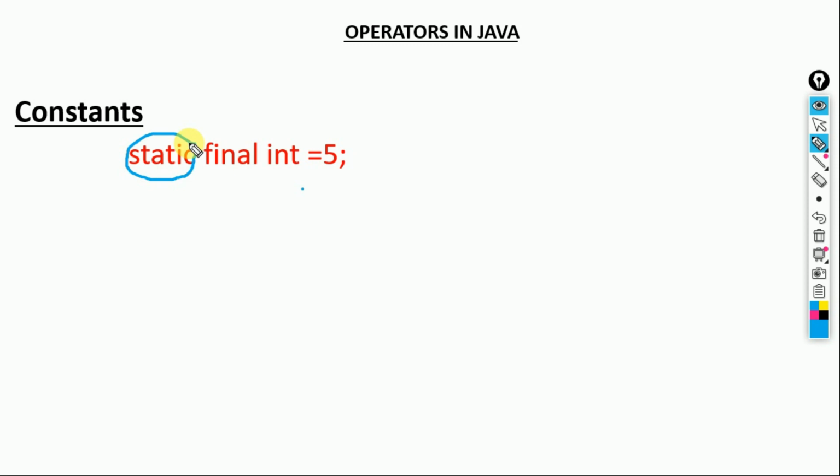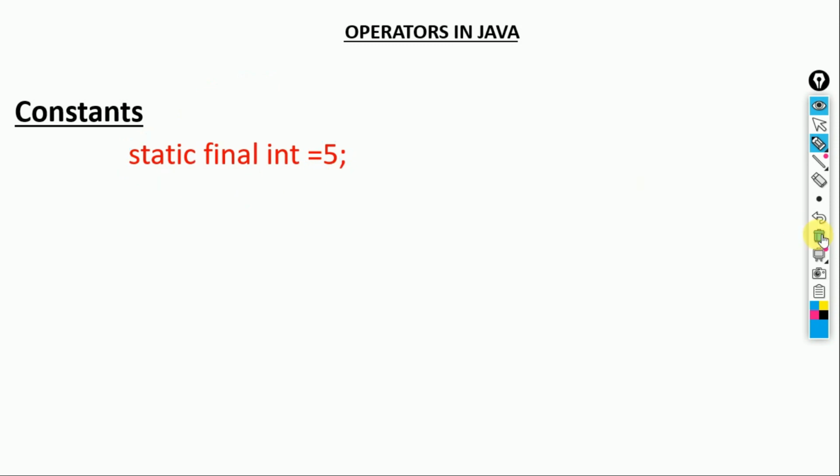It says that whatever memory this variable needs as an integer type, I will allocate beforehand. That means at compile time we are allocating the memory with the help of the static keyword. The final keyword is used so that the value will not get changed during the execution of the program. That means we are putting a stamp on it that it will not change. So this was the concept related to constants in Java.